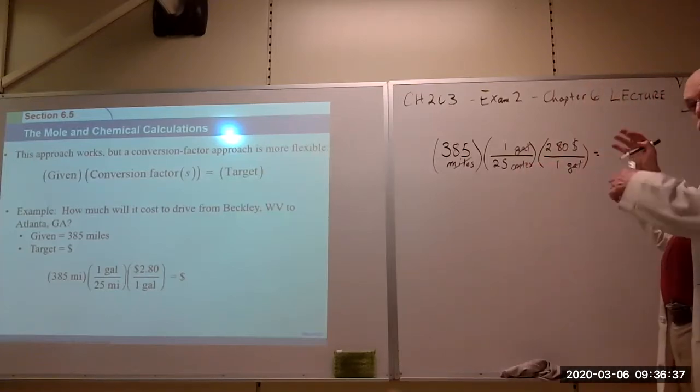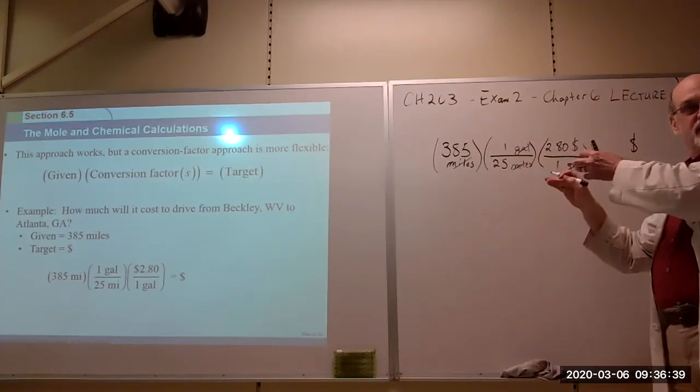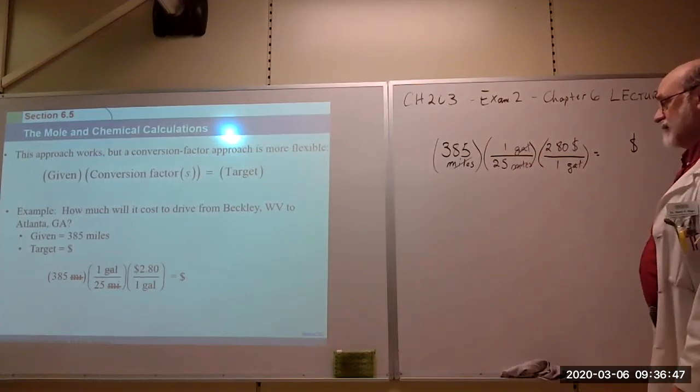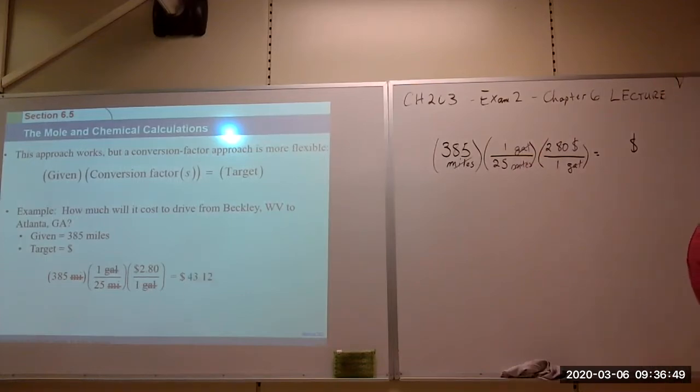And now that we've done all this, this is the thinking part. After that, it's just number crunching. So you got to be sure you put it in your calculator correctly. And then ask yourself, is the answer reasonable? $43 to get there?